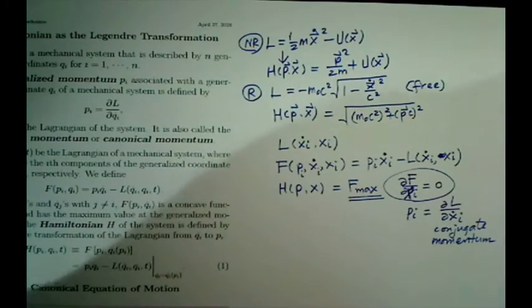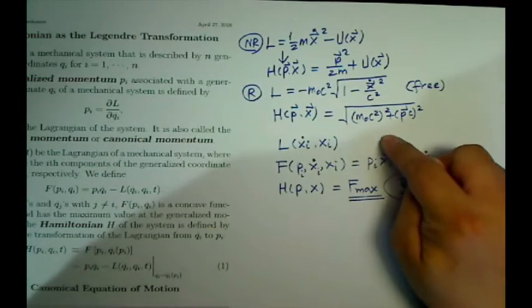Here, m0 is the rest mass of the particle. By making use of the Legendre transformation, we were able to find the Hamiltonian of the relativistic free particle system that is exactly the same as this.